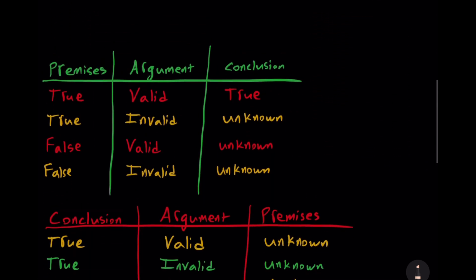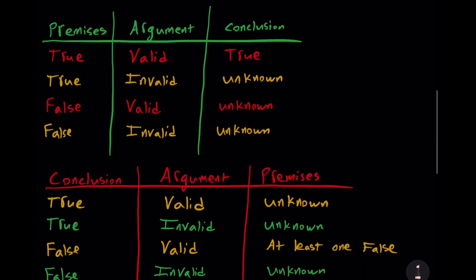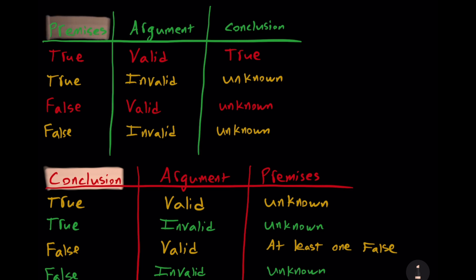Now, we can go both ways. So on the one hand, we can think about this in terms of starting with the conclusion, knowing its truth value, and then think about, well, what does that mean about the premises given that the argument is valid or invalid? Or we can just think about the premises being true or false, and then knowing if the argument is valid or invalid to then determine the truth value of the conclusion.